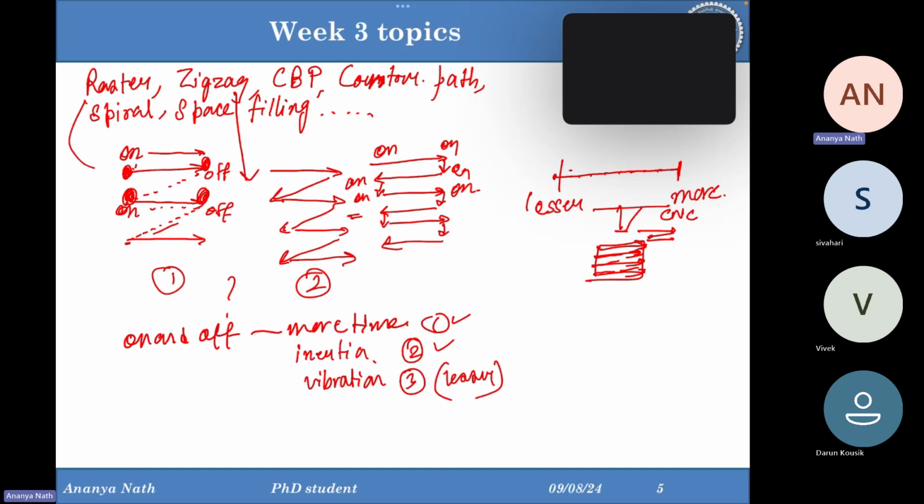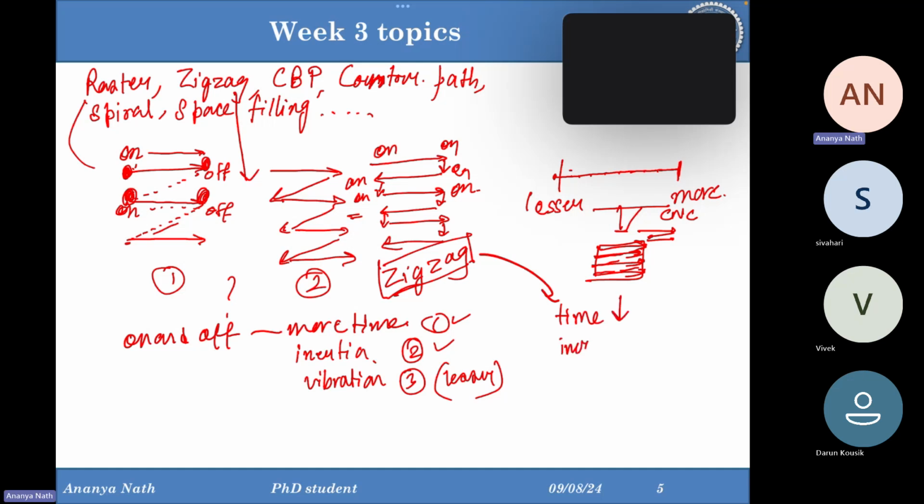So these are a few important points to be noted in terms of the difference between raster and zigzag. As a result, we can see zigzag is giving us better accuracy and better printing. Here the time will be lesser, obviously.